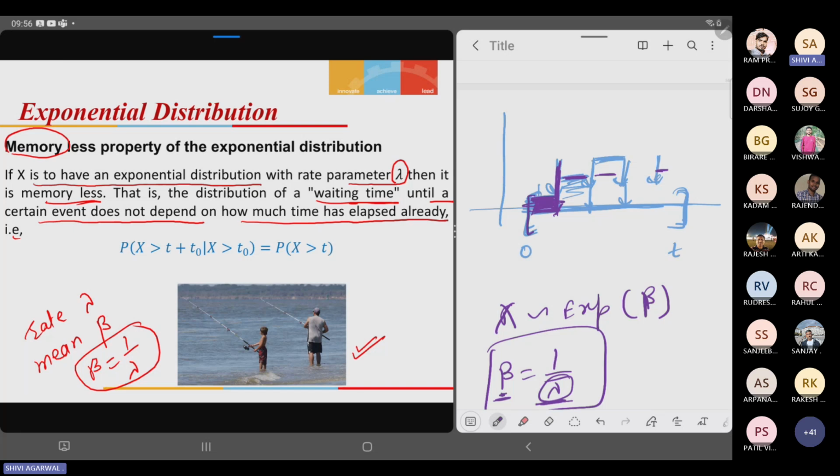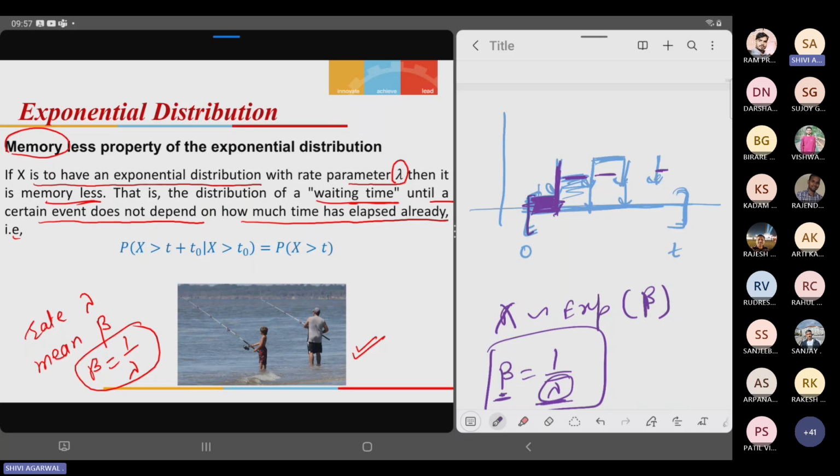If you pick up one fish, there is a random time to pick up the second fish, and it doesn't depend on how much time you took for the first fish. It is independent of the second fish, and similarly the third fish.